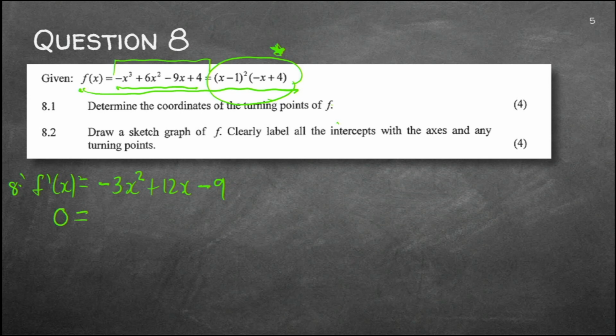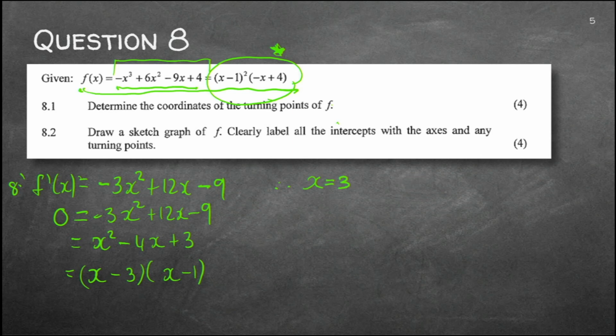So I'll put equal to 0, negative 3x squared plus 12x minus 9. I'll quickly divide by a negative 3 and get x squared minus 4x plus 3. So it's simply x minus 3 and x minus 1. So the turning points will be at x equal to 3 or x equal to 1.